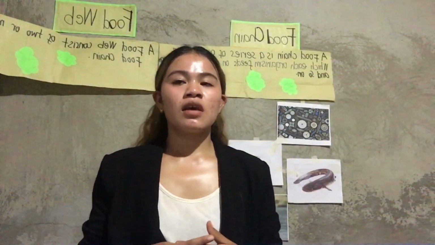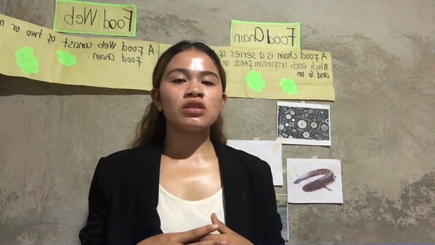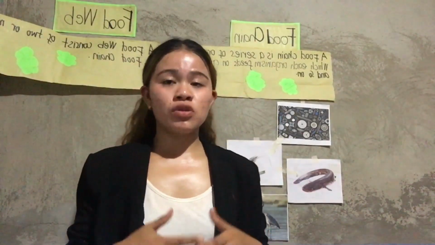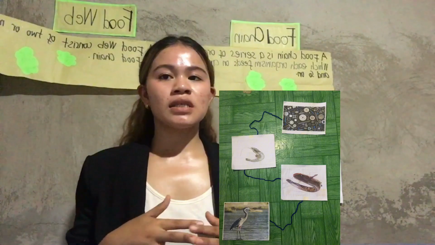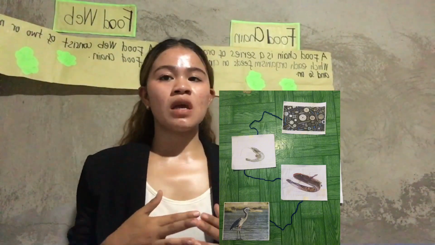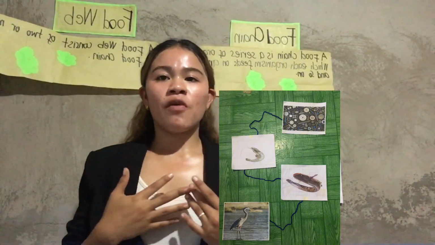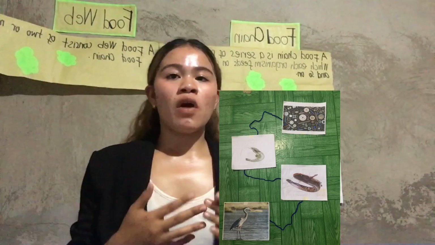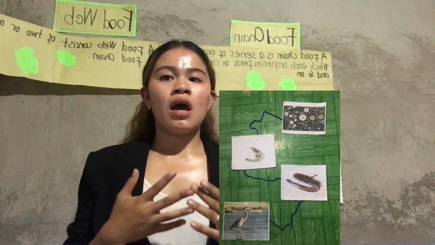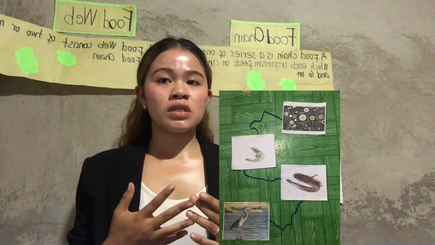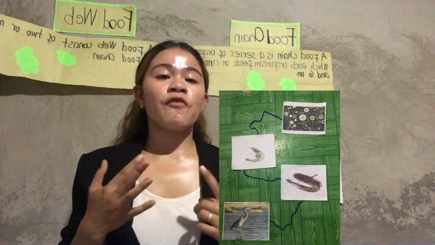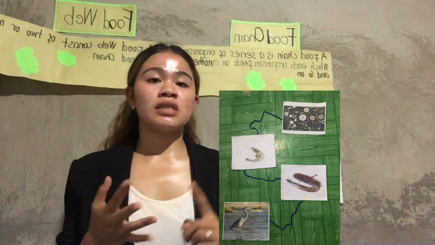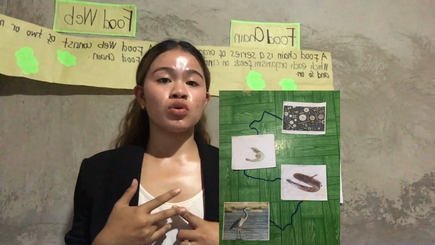Food chain. The feeding relationships among organisms can be shown by a food chain. A food chain is a series of organisms in which each organism feeds on another organism and so on. So a food chain always begins with a producer, next is a primary consumer, next is a secondary consumer, and a tertiary consumer.